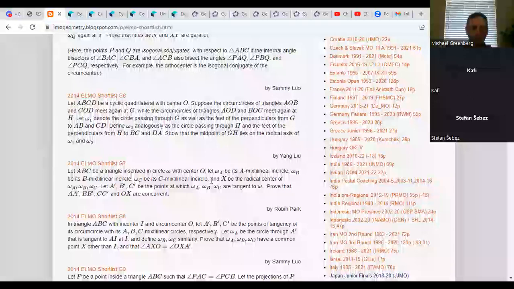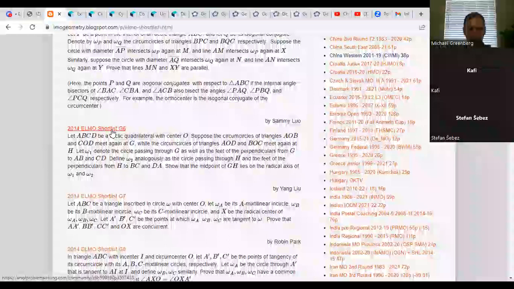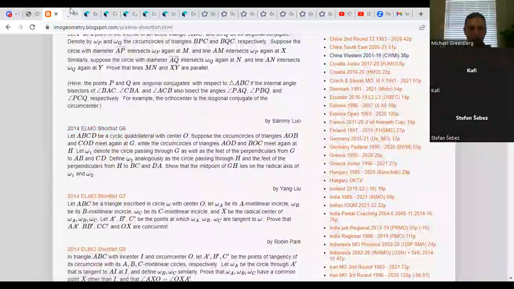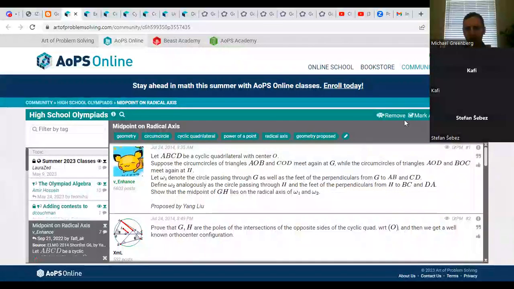You just need to prove that the radical center of the mixtilinear incircles is collinear with OI. Interesting. Maybe the G6. Okay, this one looks okay. Great. Don't look at the solution.